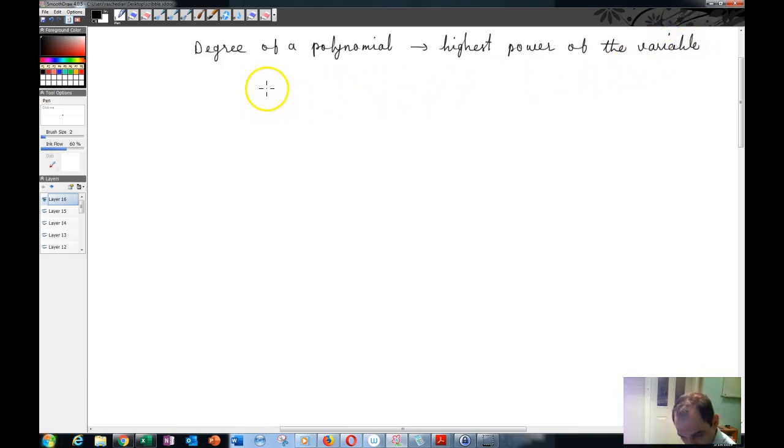For example, if you have something like p of x is equal to 3x raised to the power 7 minus 4x raised to the power 6 plus x plus 9, then the degree over here is the highest power of the variable, which is 7 here, so this is a polynomial of degree 7.